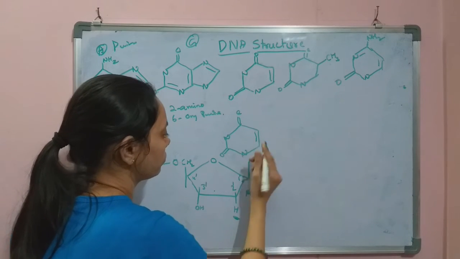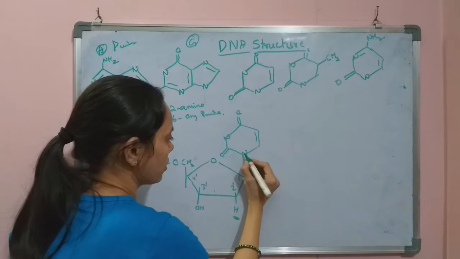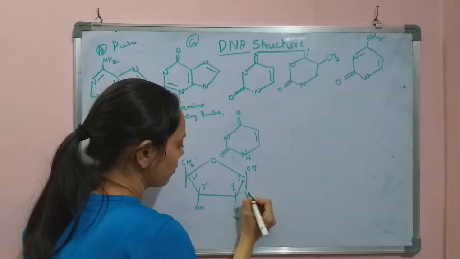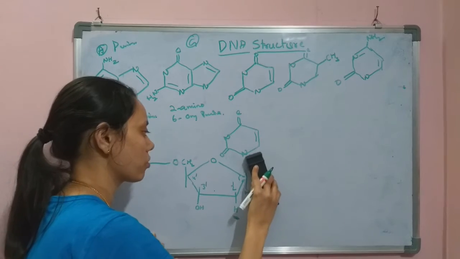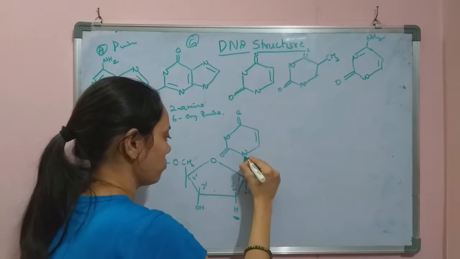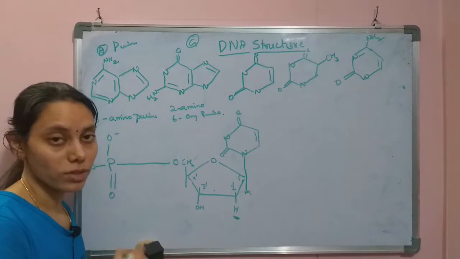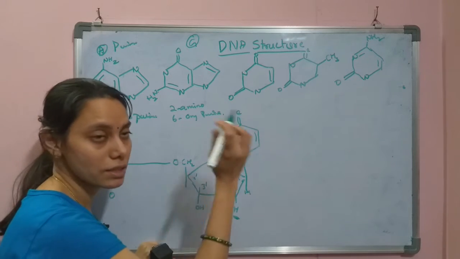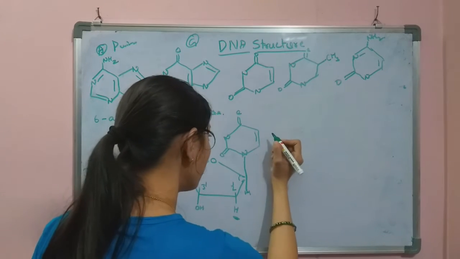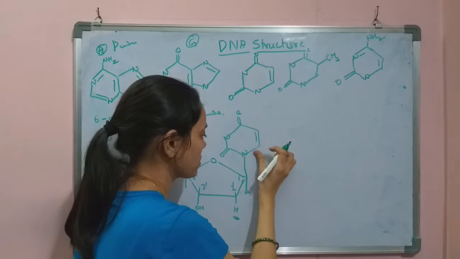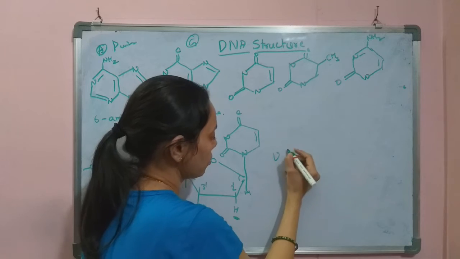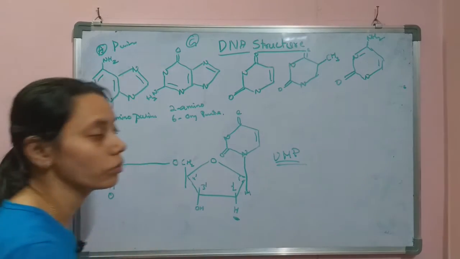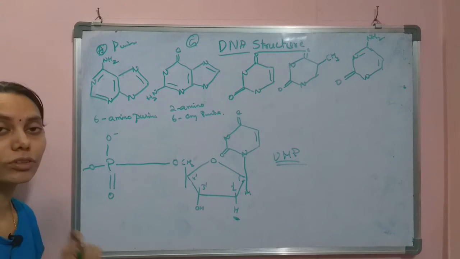Here is an NH group and here is the OH and H. The water molecule will be lost between them to form a glycosidic bond between the sugar and this uridine. This uracil forms the uracil monophosphate. That is how the pyrimidines will combine with the sugars.